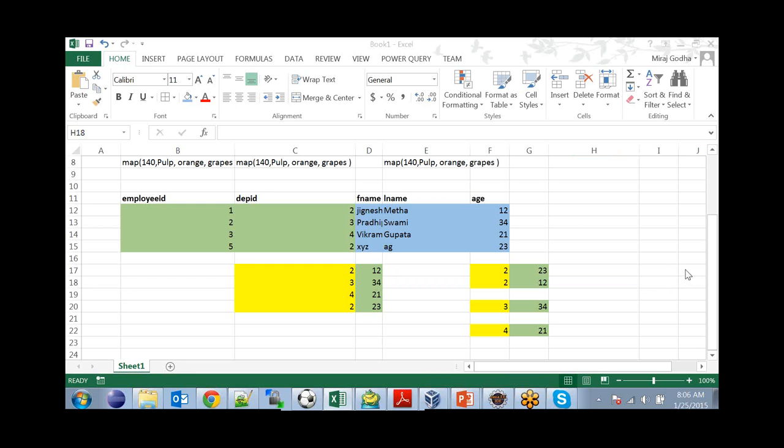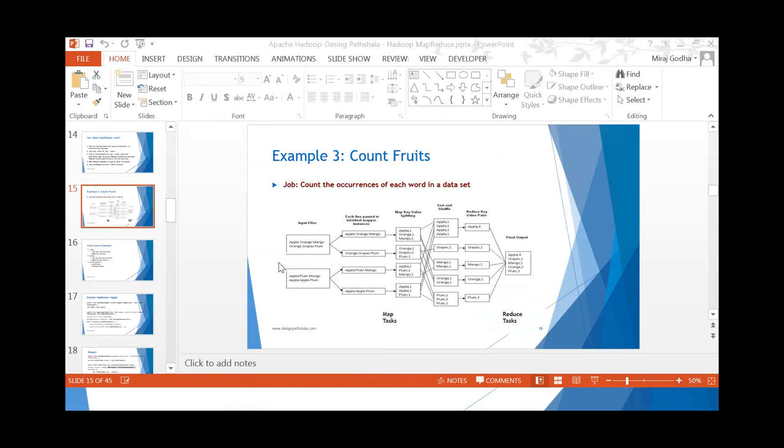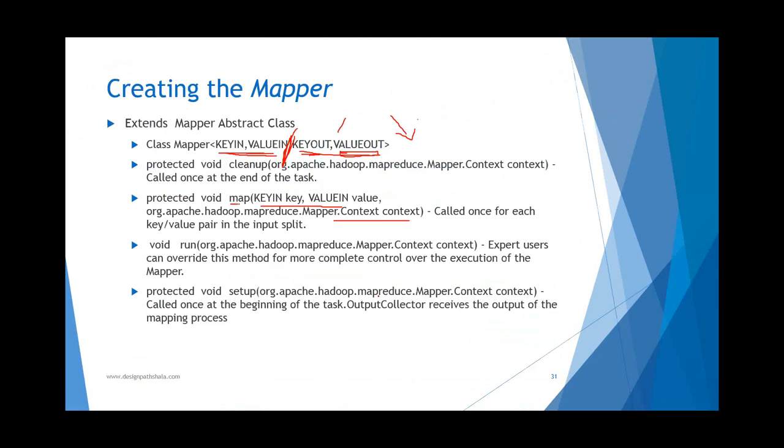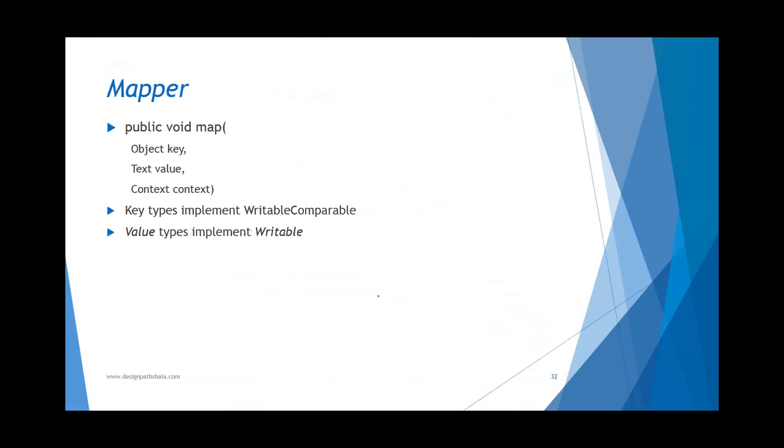Okay, I'll switch back to the PPT again. Okay, so now everyone is able to see it. There is something called key and value, which is passed to your mapper class and the context object. The keys are writable, comparable, and the values are writable.